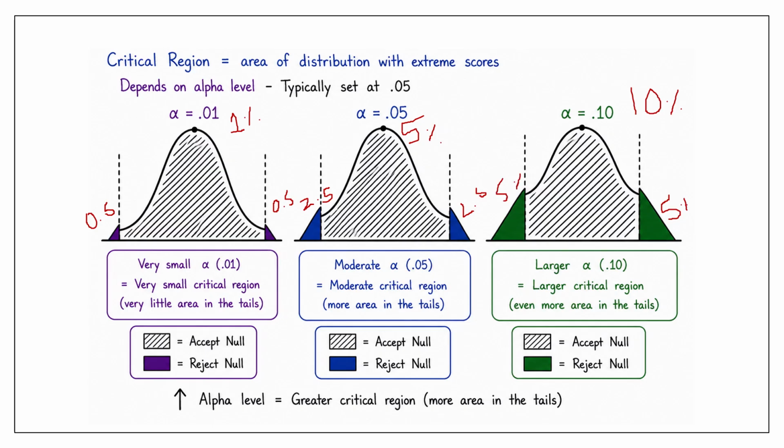So you can see that as the alpha level increases, the critical region also increases. The area that is represented by these extreme scores is going to increase because we go from 1% to 5% to 10% of the scores being labeled as extreme.